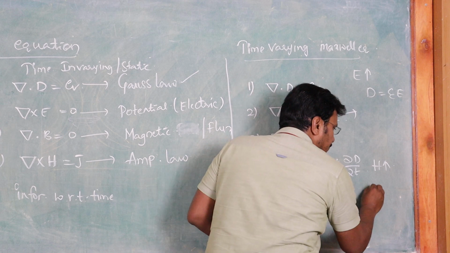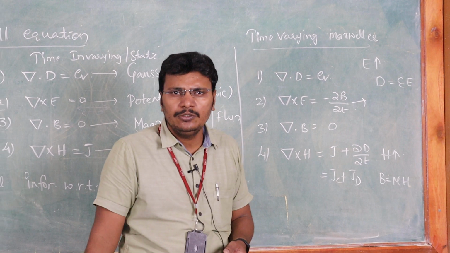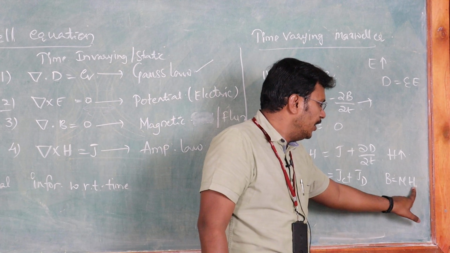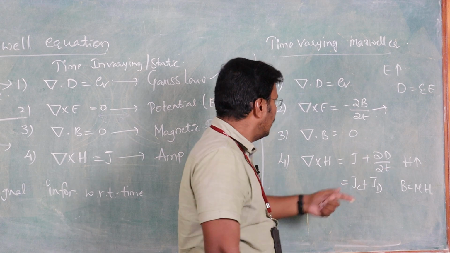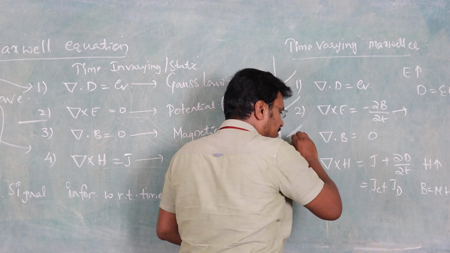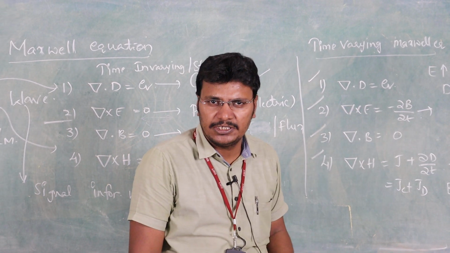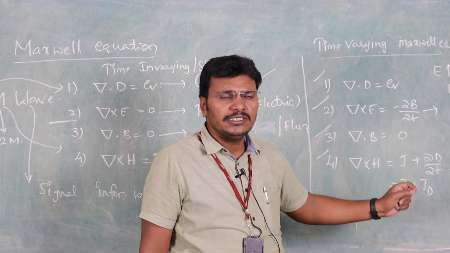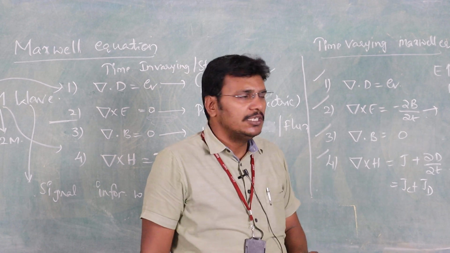We have the relation B is equal to mu H. If H depends on time, then B also depends on time. Finally, all of these depend on time. These 4 are the Maxwell equations for time varying fields, meaning that if the time changes, the information also changes.